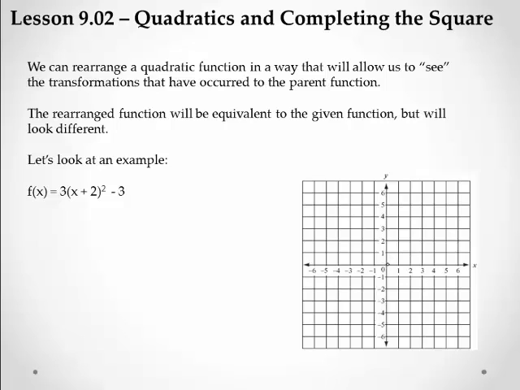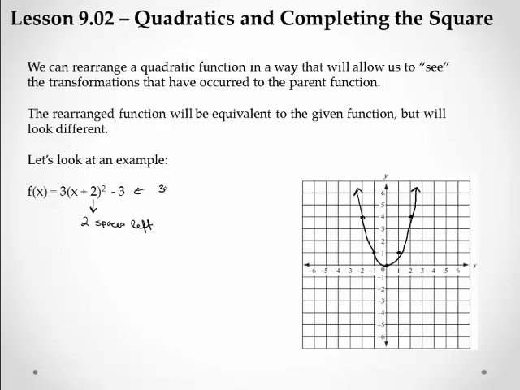Remember, our parent function is f of x is equal to x squared, and when we graph that, it looks like this. And we talked about transformations in the last lesson. This tells us 2 spaces to the left.